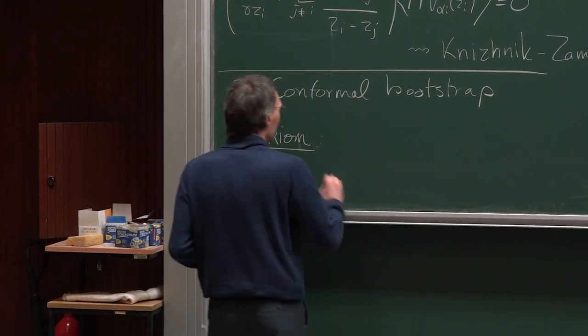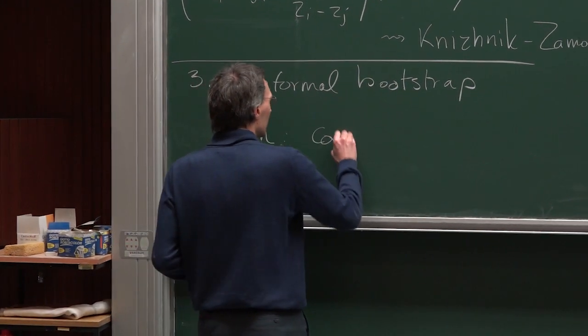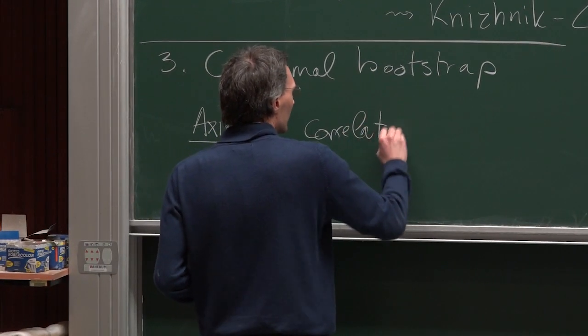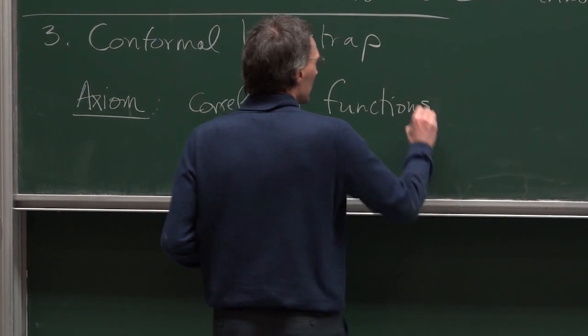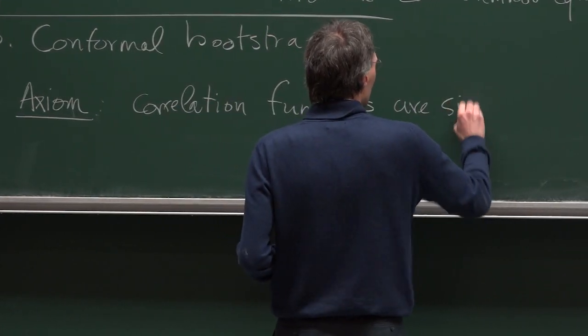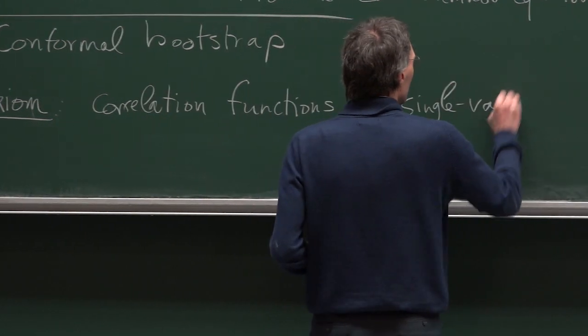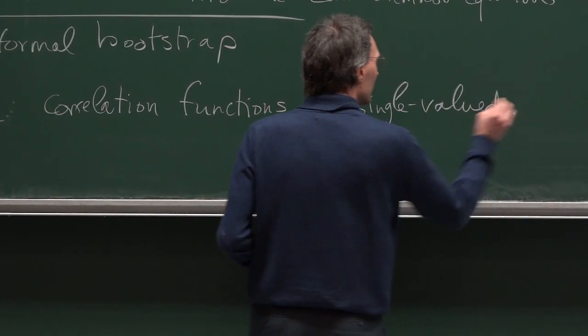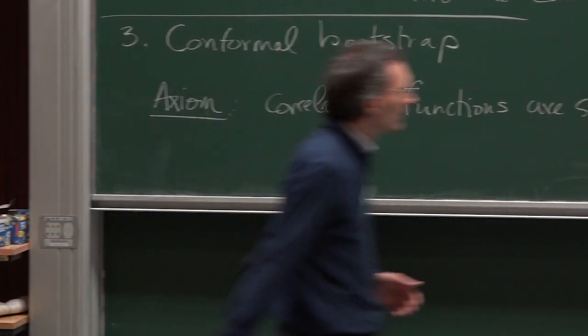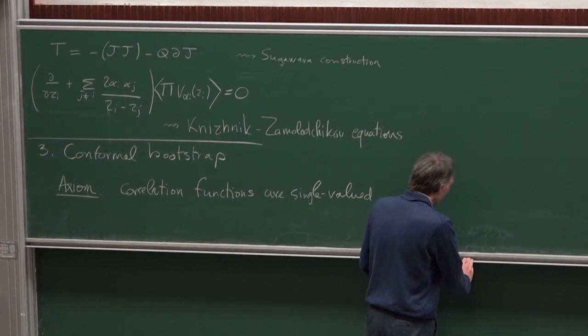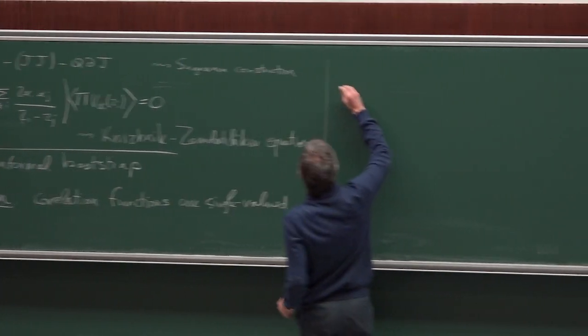is the single-valuedness of correlation functions. So correlation functions are single-valued as functions of z, of the positions. Now let's see what this axiom implies for a two-point function.